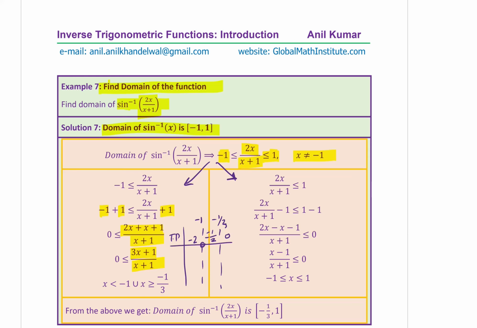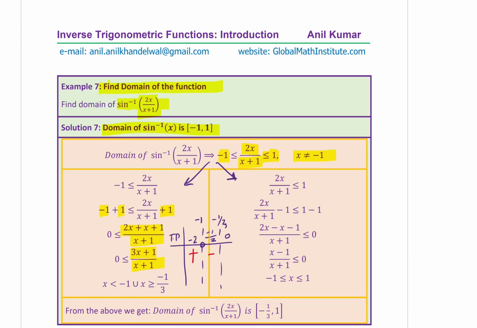And see, if I substitute minus 2 here, do I get a value which is positive? So minus 2 will give me a negative numerator and negative denominator. They will cancel and we do get a positive value. If I put a value which is in between minus 1 over 3 and minus 1, in that particular case, we get a negative value.